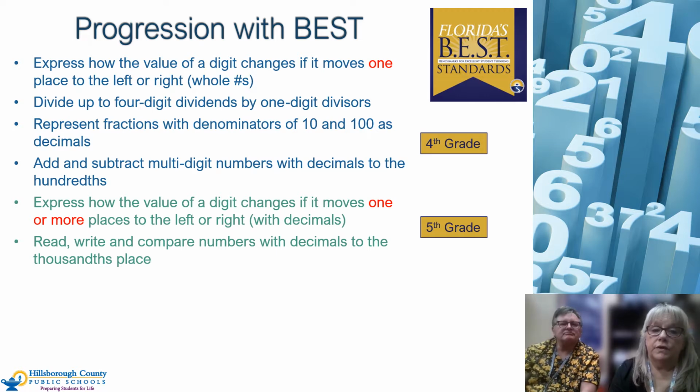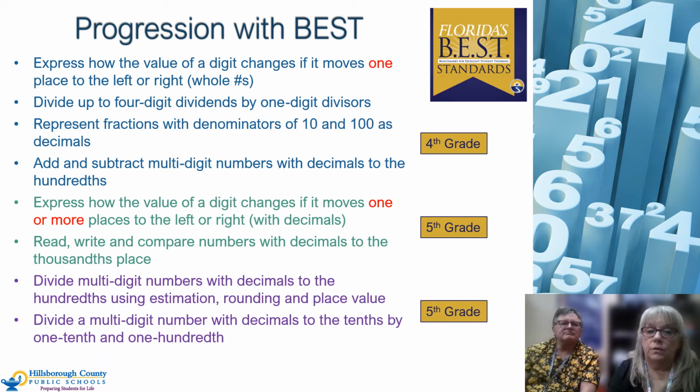And in fifth grade, we've also worked with reading, writing, and comparing decimal numbers to the thousandths place. In this unit, we are going to be working on these last two benchmarks. They are working only to the hundredths place in fifth grade with division. So I can divide a multi-digit number with decimals to the hundredths using estimation, rounding, and place value, where that last benchmark is dividing by 1/10 and 1/100th.